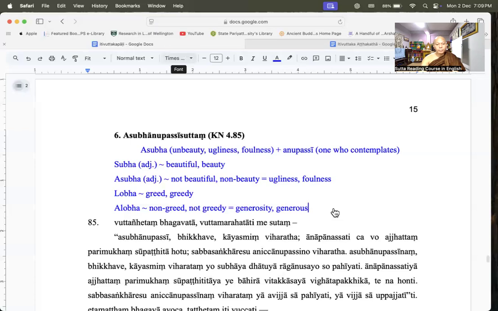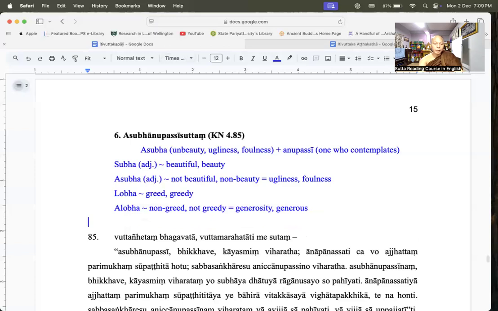And then the next one, Anupassī. That comes from the root dis, with the suffix ī. So we have Anupassī. Here, the root dis, we already know, means to see.